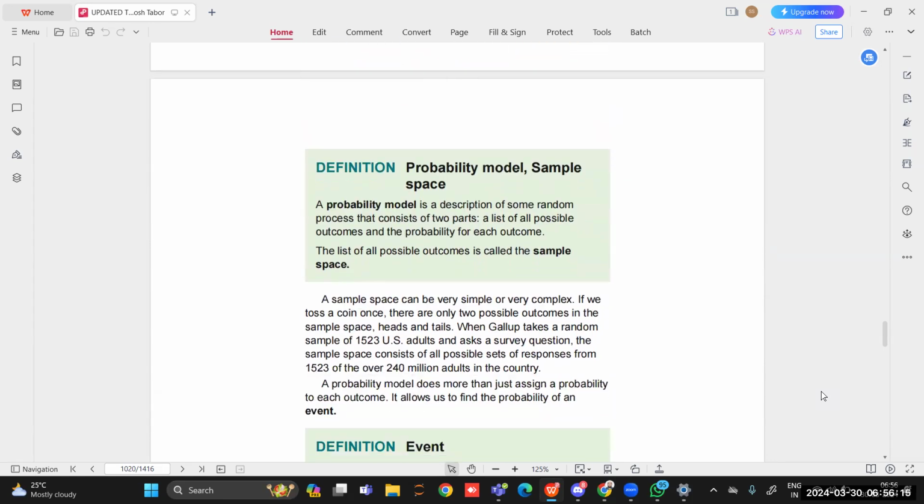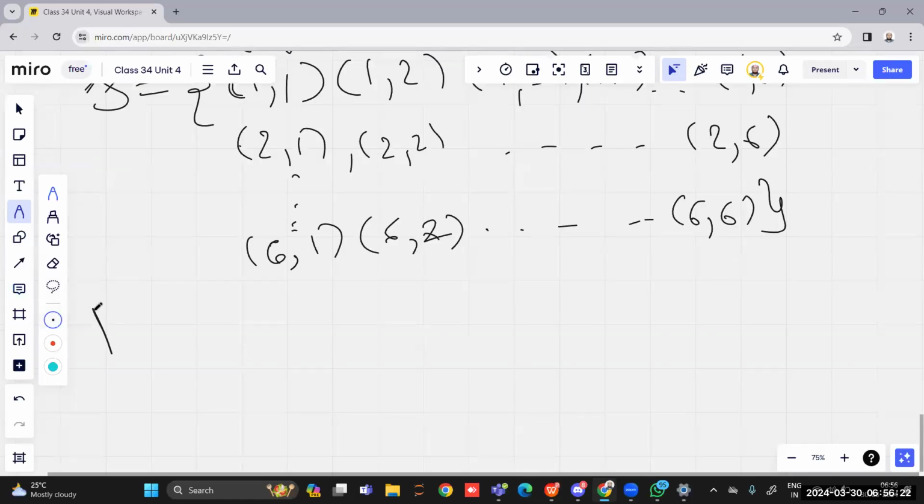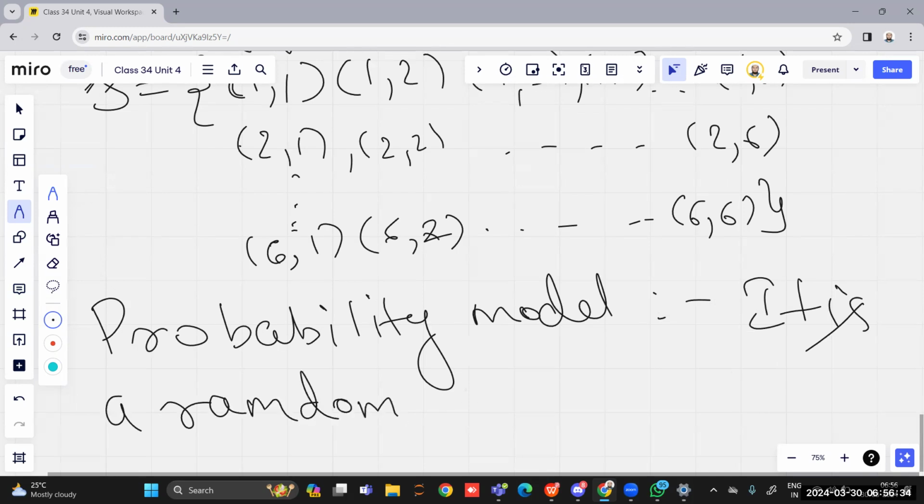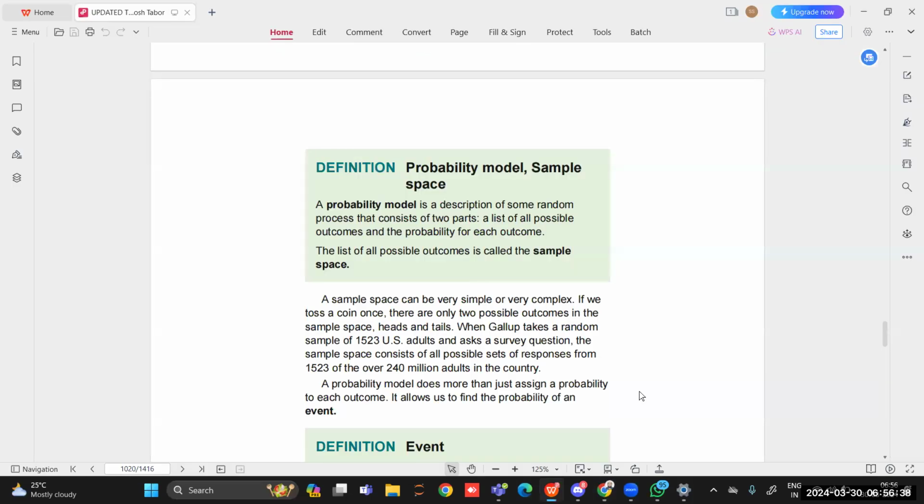So what is a probability model? A probability model is a description of some random process. It is a random process that consists of two parts: a list of all possible outcomes and the probability of each outcome.